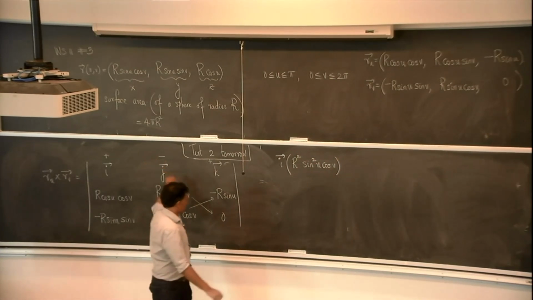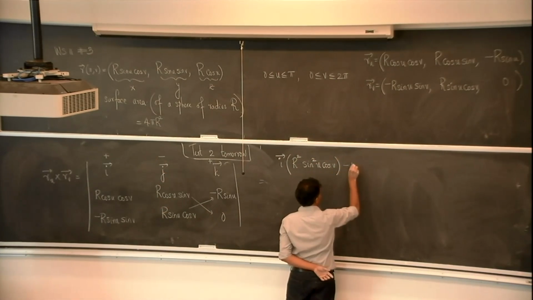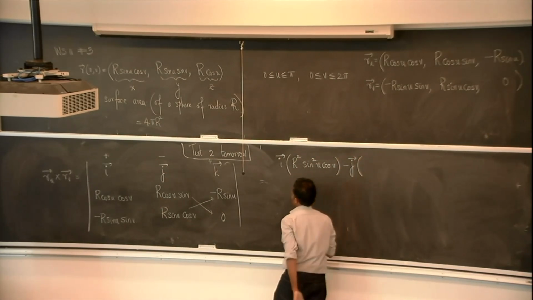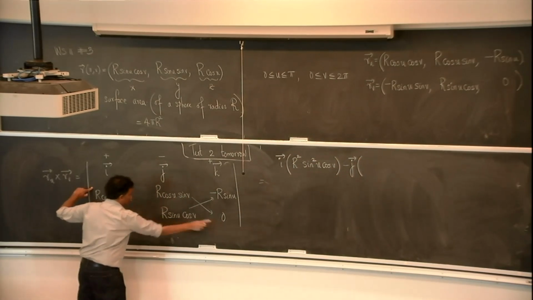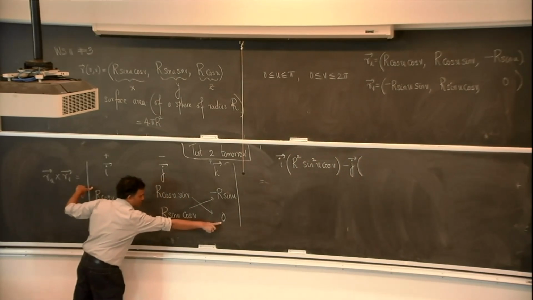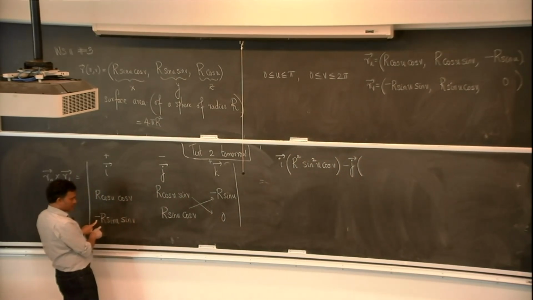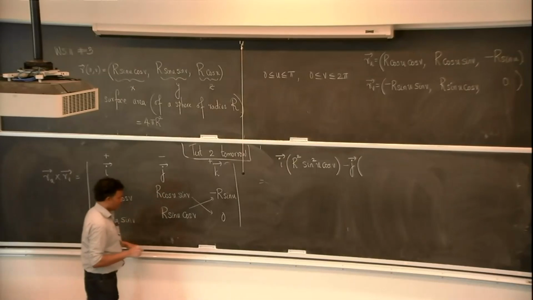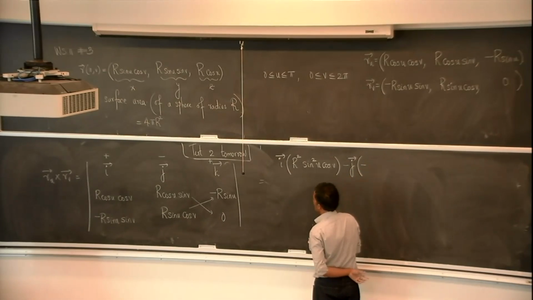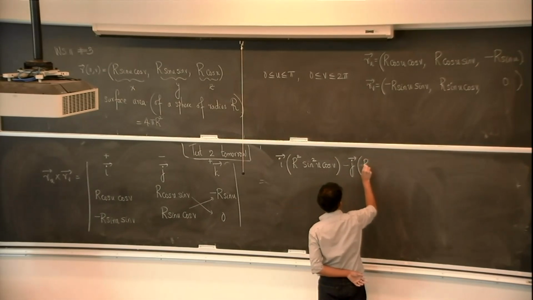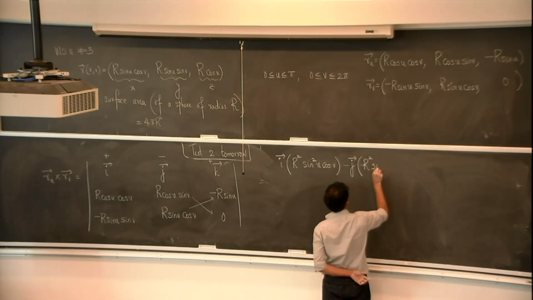Minus j because of the alternating sign of the determinant, times multiply those two, first and the third. That's a 0 minus the product of these two, which is going to be, so I have a double negative there. That's going to be positive r square sine square u sine v.